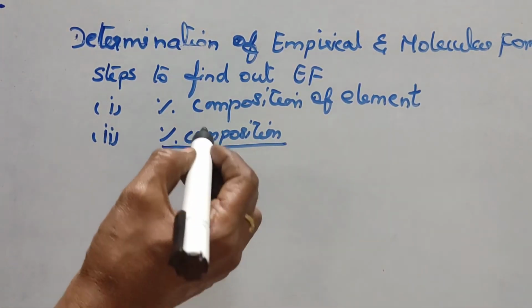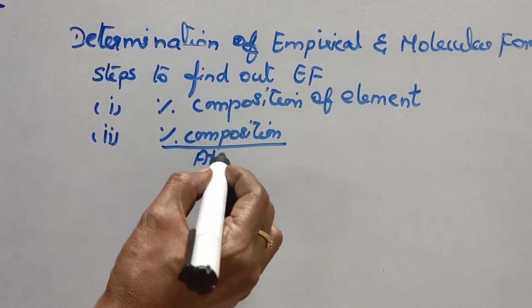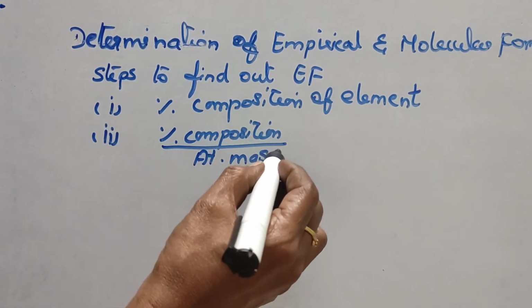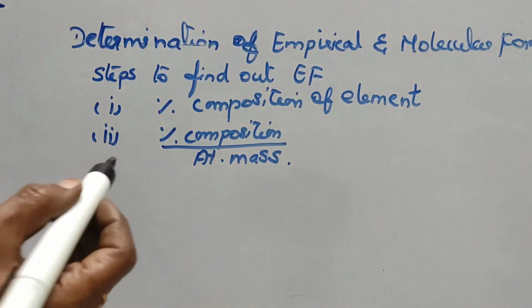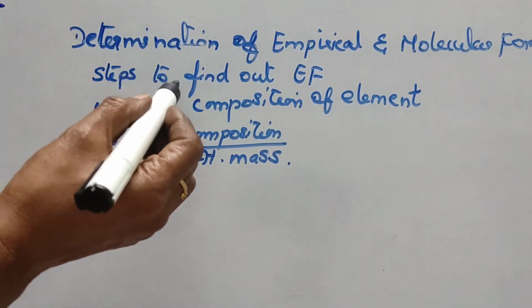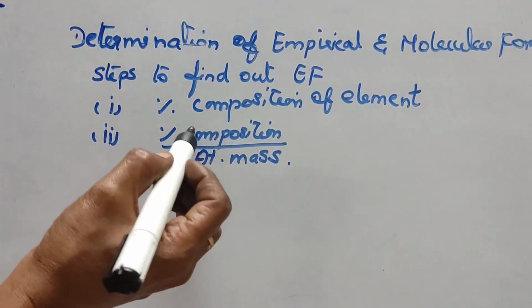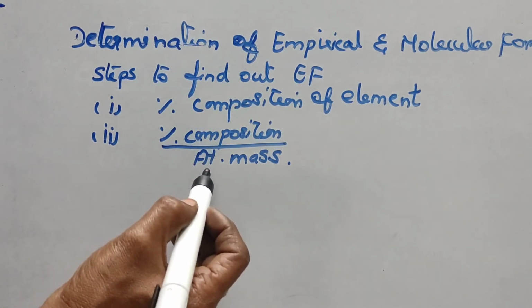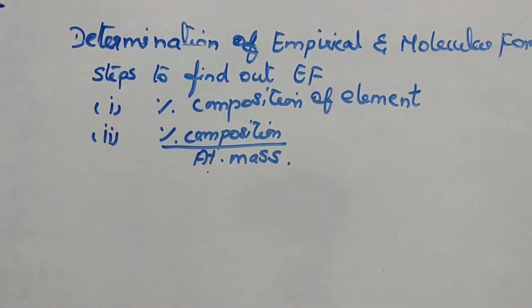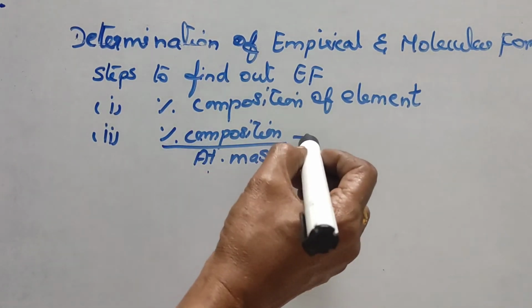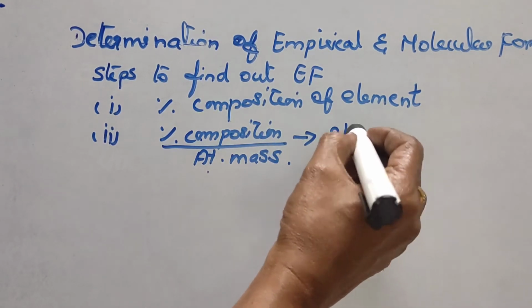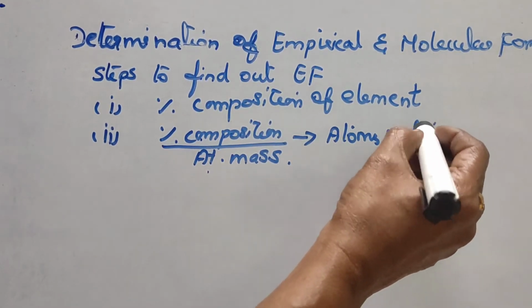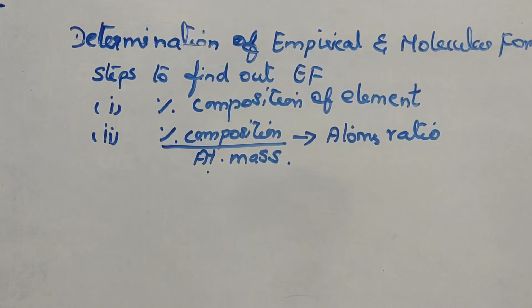So for this, each element's percentage composition is divided by the atomic mass of that specific element. So we will be getting the atoms ratio.